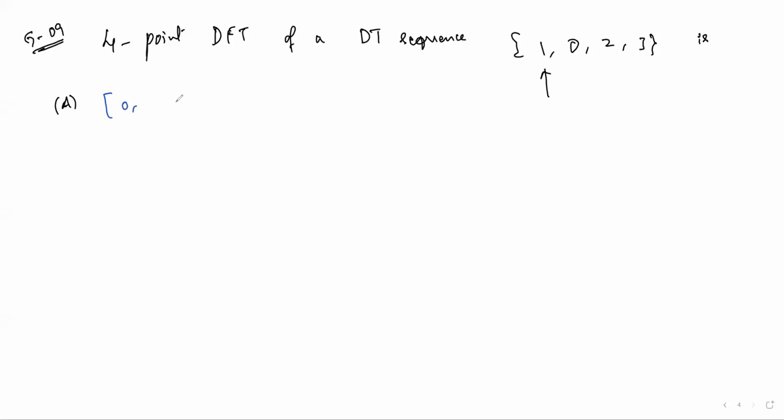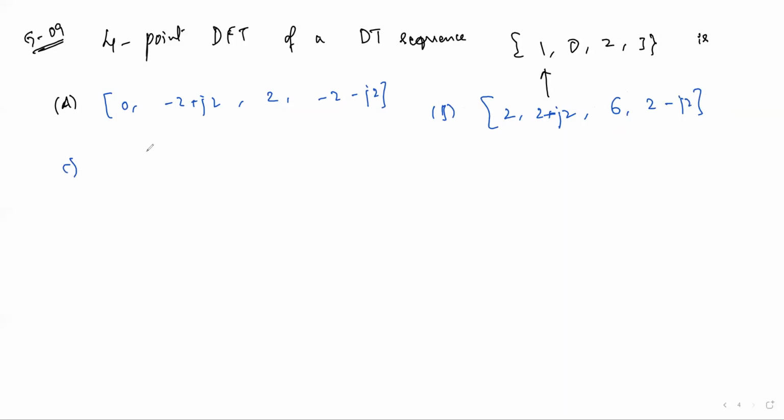Option A: 0, minus 2 plus j2, 2, minus 2 minus j2. Option B: 2 plus j2, 6, 2 minus j2.